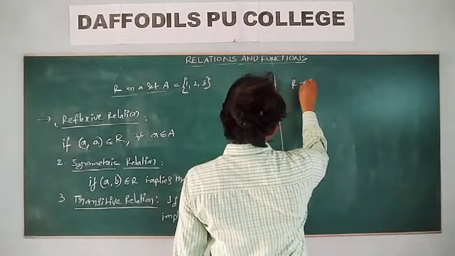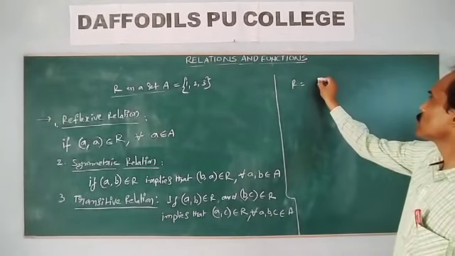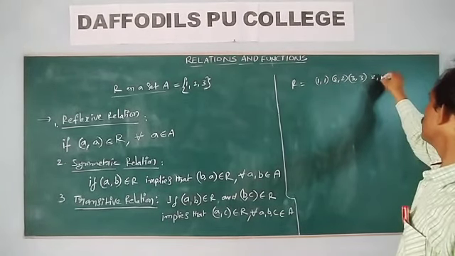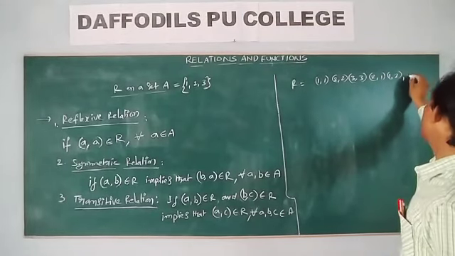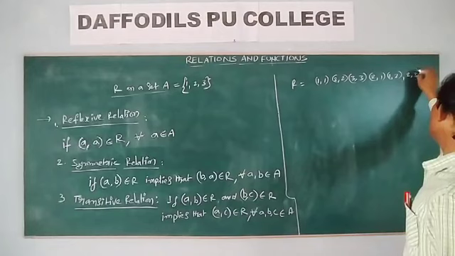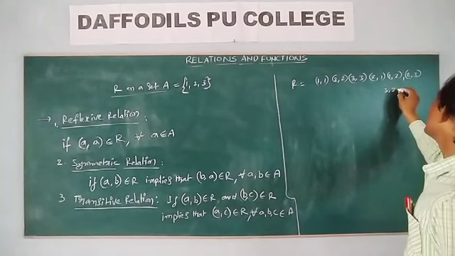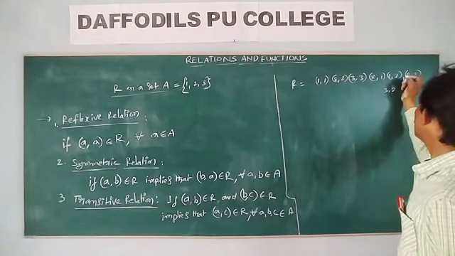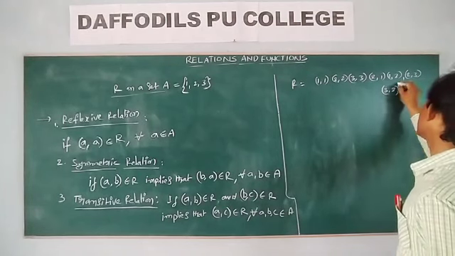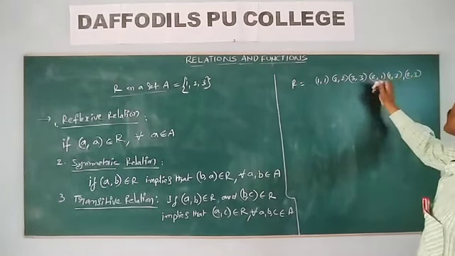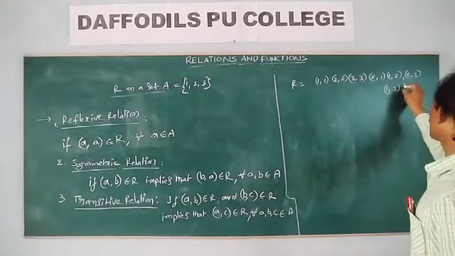Example, suppose this is the relation: (1, 1), (2, 2), (3, 3), (2, 1), (1, 2), (2, 3), (3, 2), and so on.